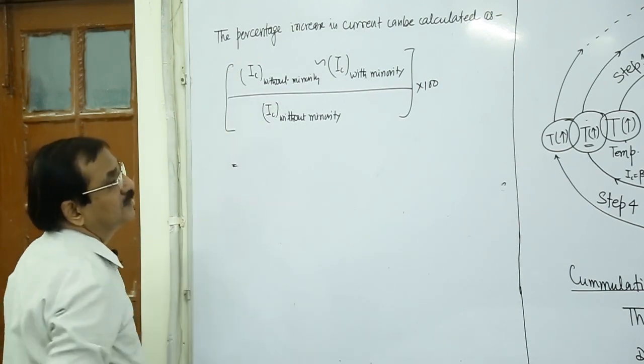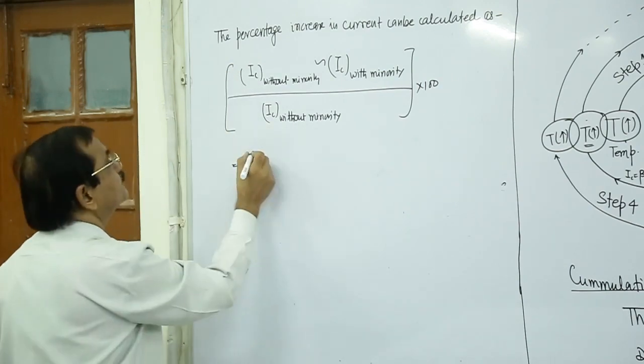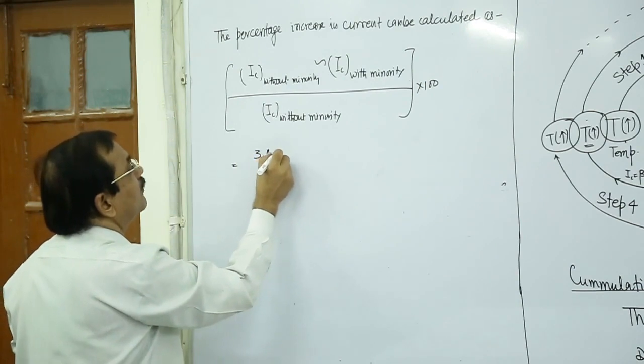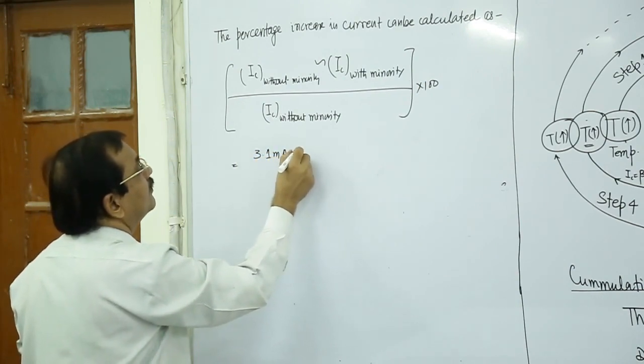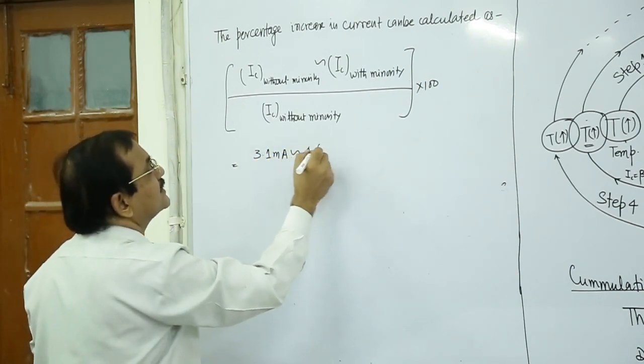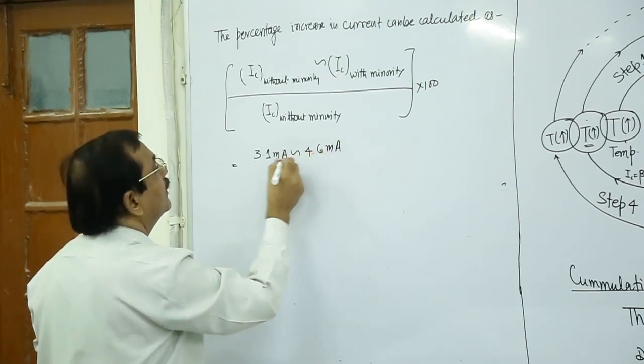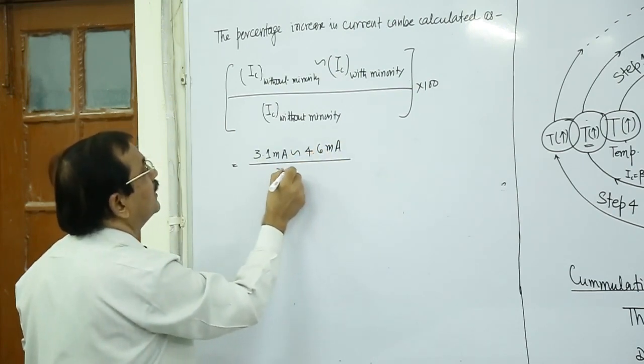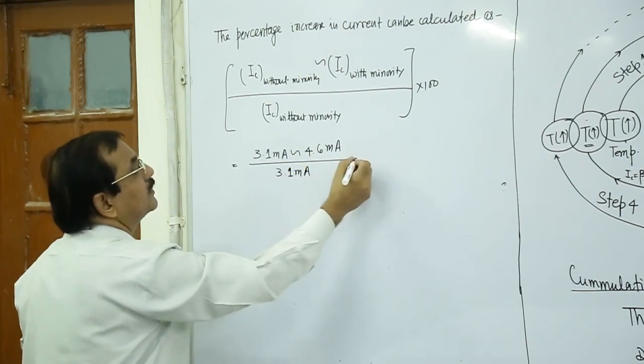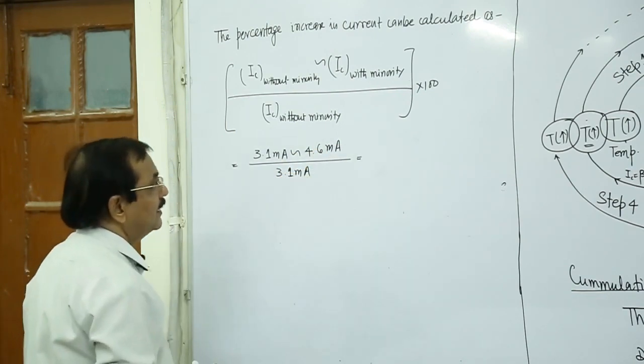That is 3.1 milliampere, difference 4.6 milliampere, divided by 3.1 milliampere. So how much is this?